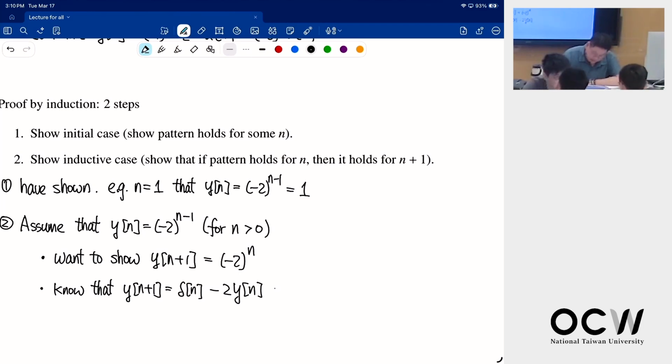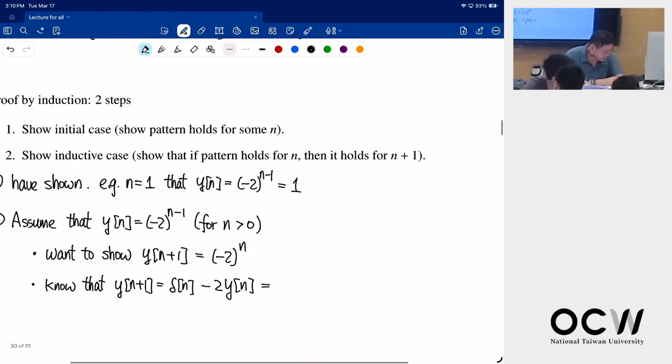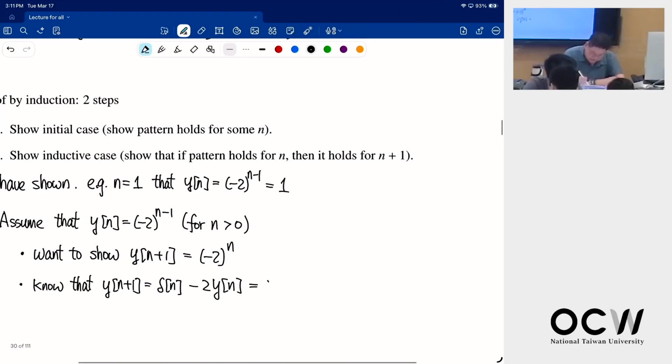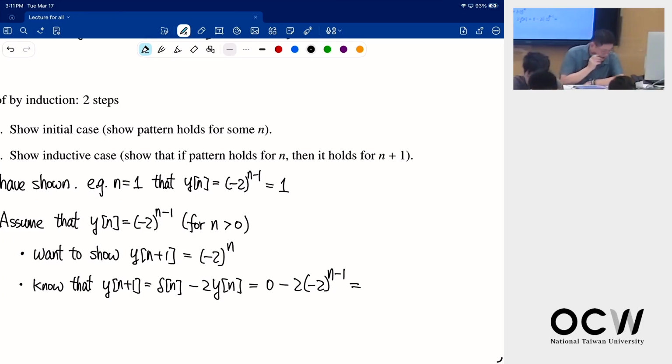So it is 0 minus 2 times minus 2 to the n minus 1. That is minus 2 to the n. So it's correct.